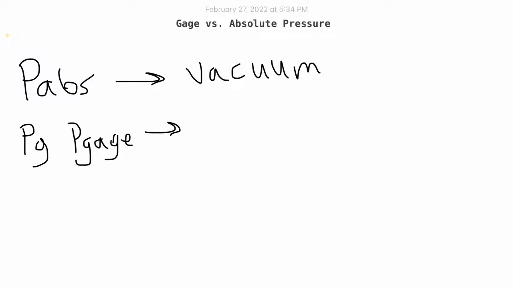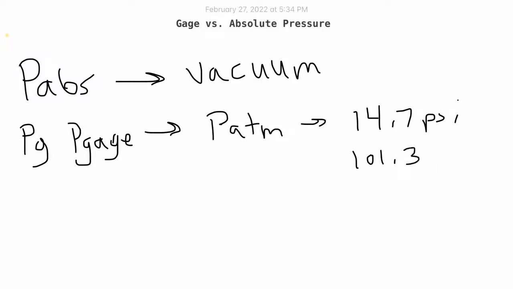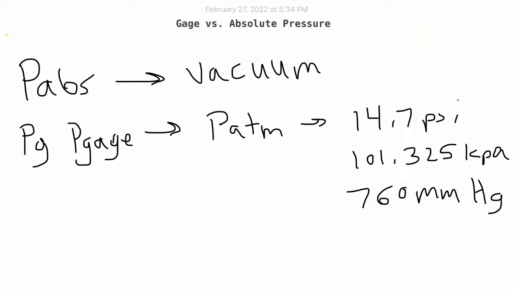And then we've got our gauge pressure, which is usually PG, or P gauge is often how I've denoted it as well. This has a 0 point at atmospheric pressure, so PATM, and some common values for the atmospheric pressure will be 14.7 psi, and then we have 101.325 kilopascals, and we've also got 760 millimeters of mercury.